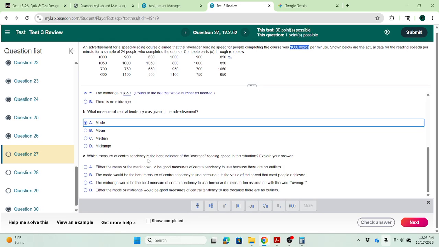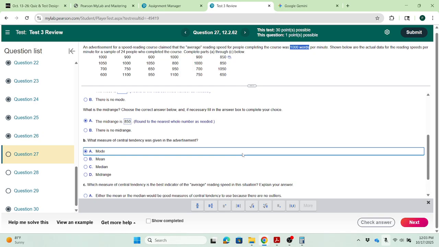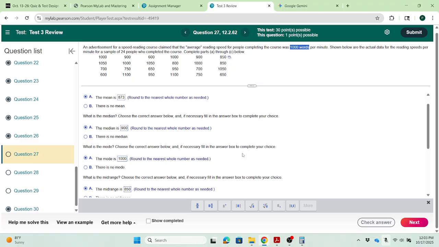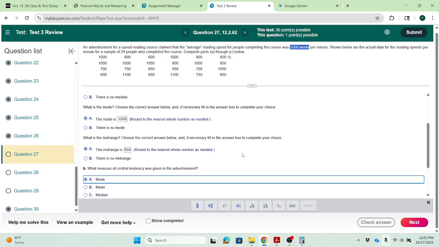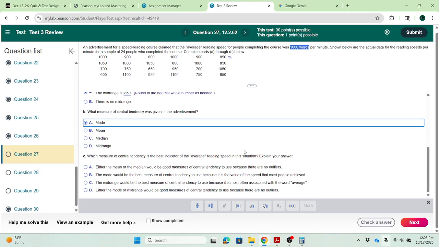Which measure of central tendency is the best indicator of the average reading speed in this situation? The median is 900 and the mode is 1000.